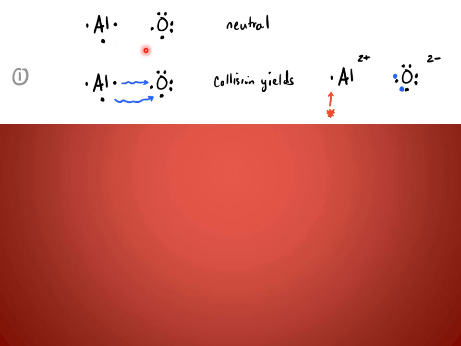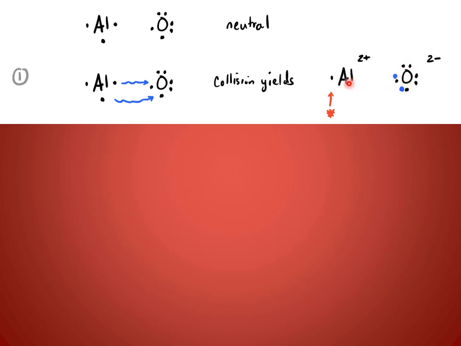Here's oxygen again coming out of group 16 with 6. So the first collision occurs, this oxygen being highly electronegative and aluminum having lower electronegativity, so oxygen can steal 2 valence electrons. After this, the collision yields this. Here we have oxygen gaining 2 electrons, it's a 2 negative charge.